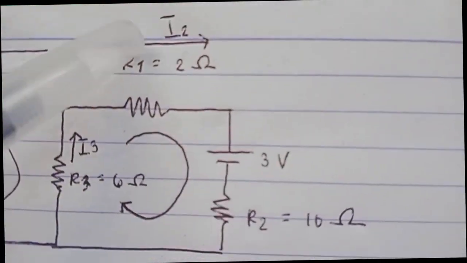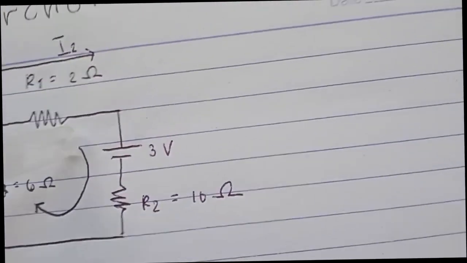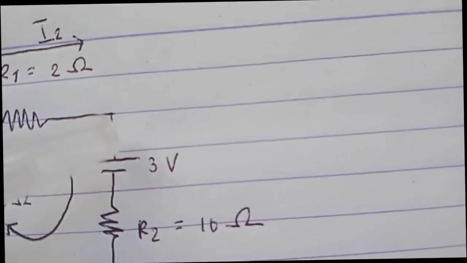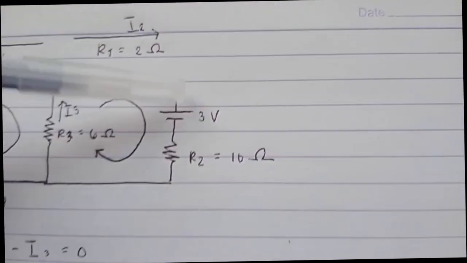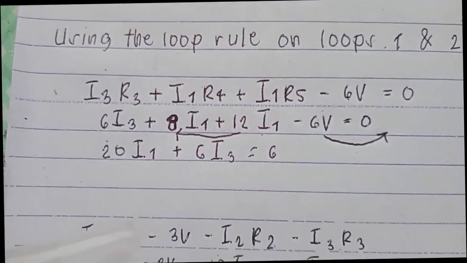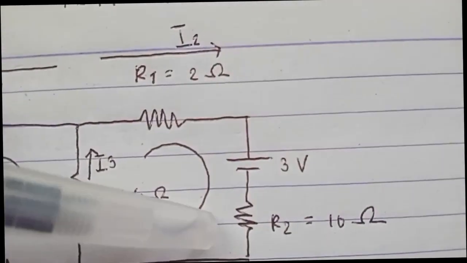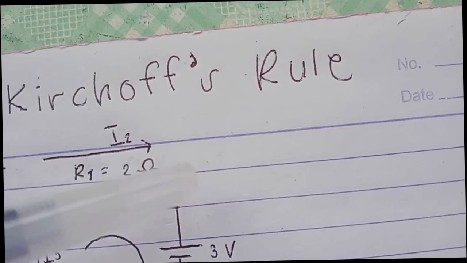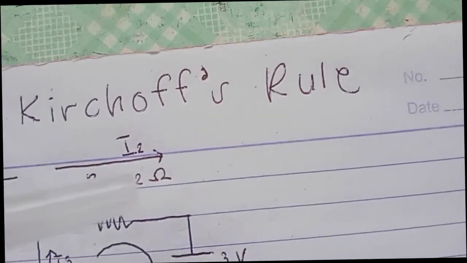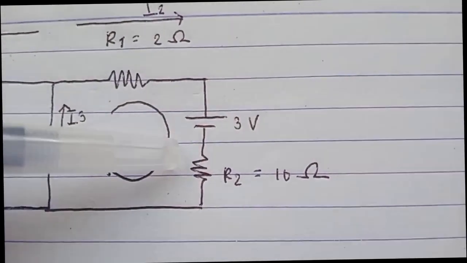So we go through a battery, which is 3 volts here. We stated it here, 3 volts, followed by R2, and the current here is still I2. I2 flows here, so that is why it is I2R2.